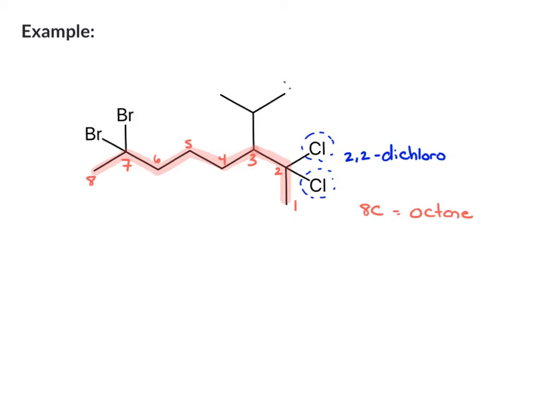Next we have on carbon 3, this we just learned is an isopropyl group. And then at carbon 7, we have 2 bromos. So we put those together and write 7,7-dibromo.